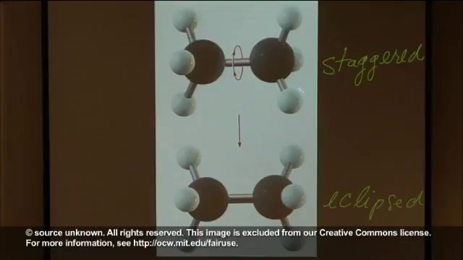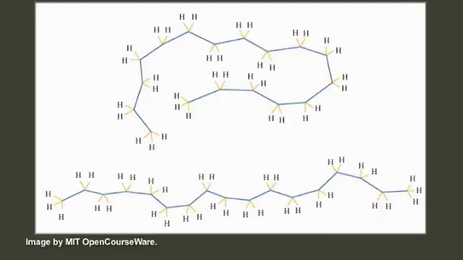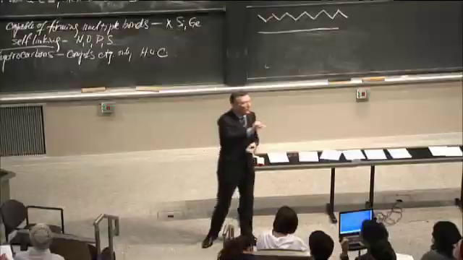If I have something that's staggered, it's free to zigzag, but it's free to zigzag and meander. And this is what happens. So here's 2 C17H36 molecules, and the top conformation is more or less straight. These are more or less eclipsed configurations.